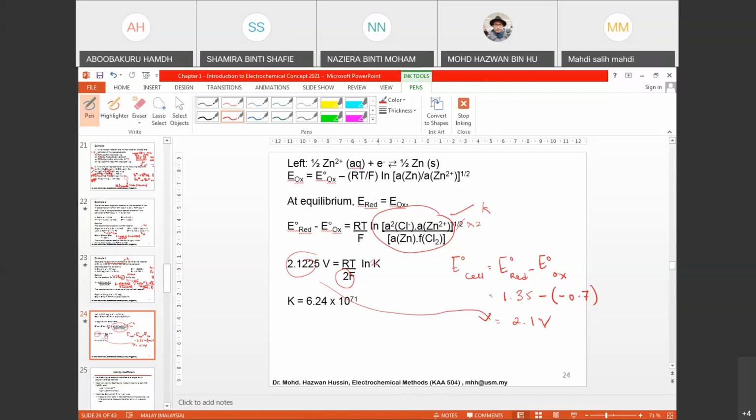Then because it's ln, when you bring the values over here, then it will be 2. Then this is actually the value. So R, the gas constant that you can use is 8.31, for temperature 298, or Faraday's constant 96,500. So when you substitute all together, you get K is equal to this value.